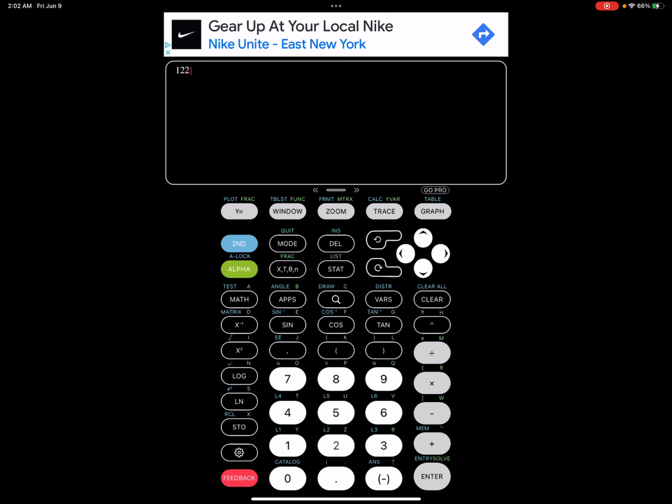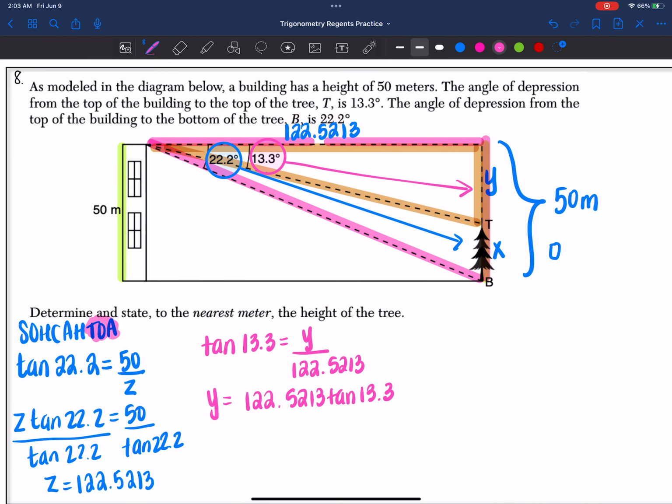So 122.5213 tan of 13.3 is approximately 28.9628. So y is 28.9628, I believe. And now that I know y, I'm going to subtract that from 50, and then I'm going to round.